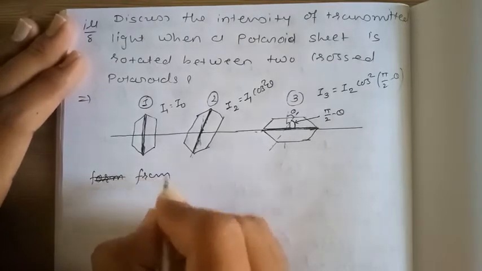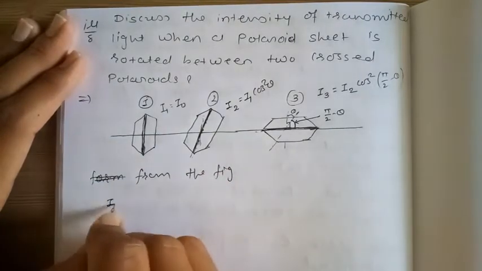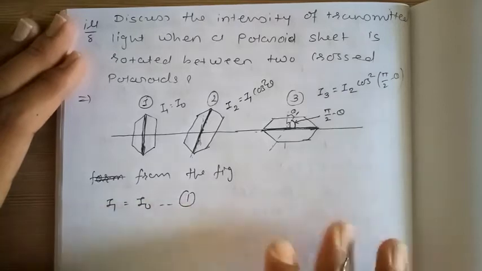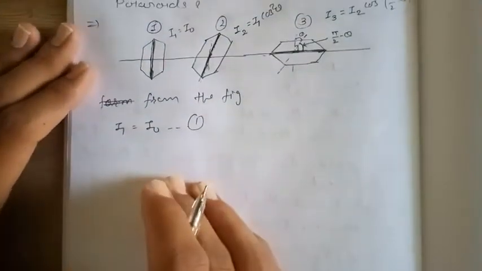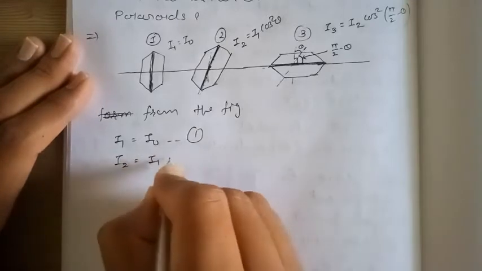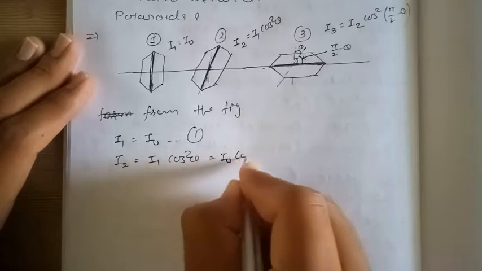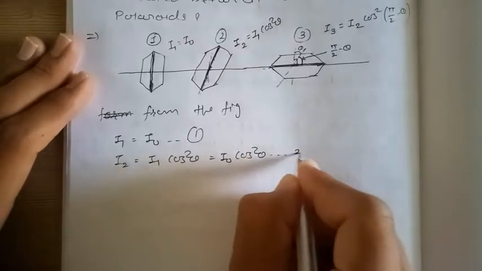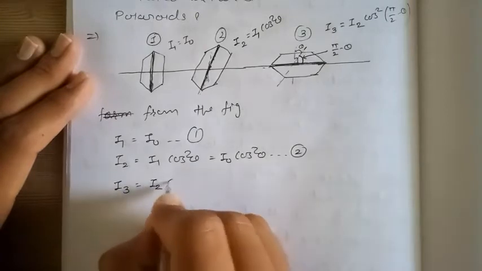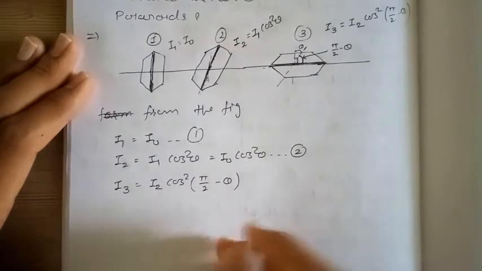From the figure, I1 is equal to I0, equation number 1, right? I2 is equal to I1 cos square theta, or we can say I0 cos square theta, equation number 2. And I3 is equal to I2 cos square of pi by 2 minus theta.